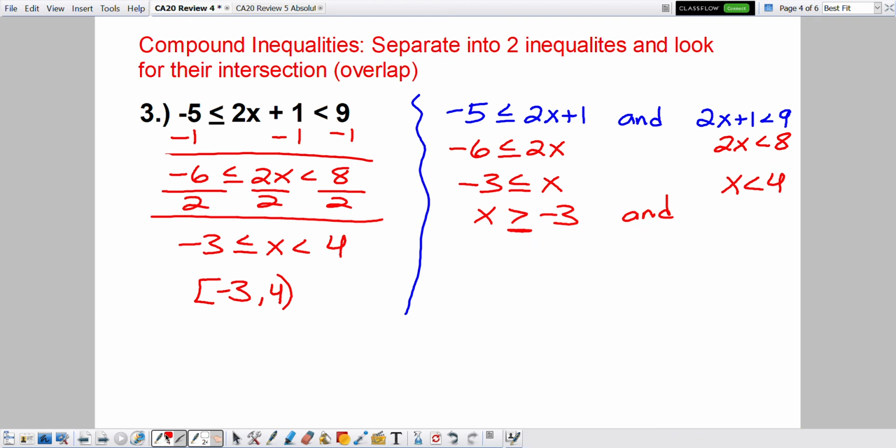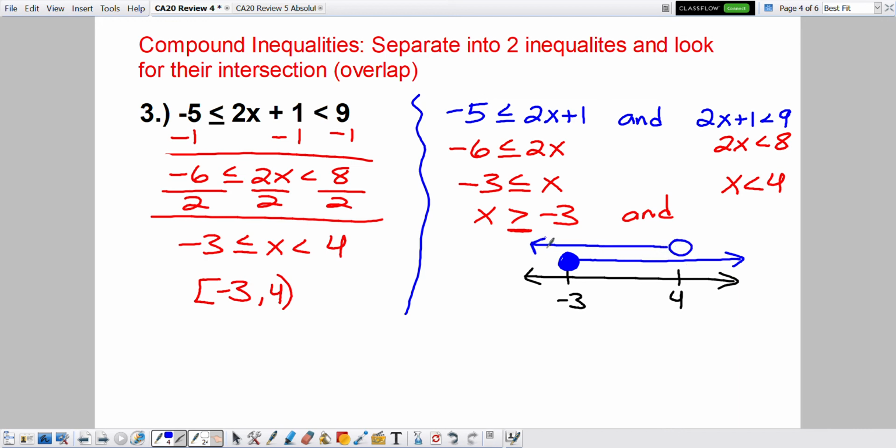And so if you picture the number line, if you were going to solve this with a number line, if I made a -3 here on the left, it's a smaller number, and a +4 here on the right, I would want to find values where x is both greater than or equal to -3, and at the same time, x is less than 4.